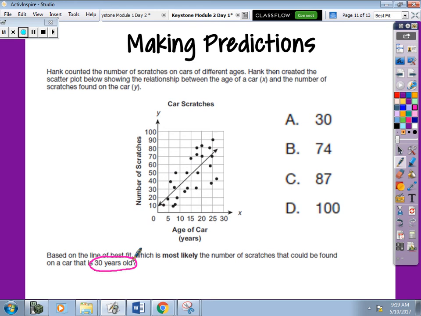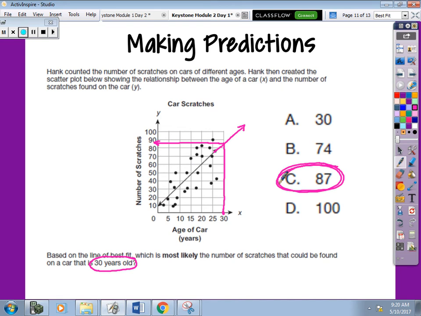So you go to the age of the car, we go to 30. Okay, we're going to want to go up to the line of best fit, which right now doesn't extend. So you would want to take your pencil or pen and just extend that line a little bit. And then go up from 30 to the line, and then go over to the y-axis to see where it crosses. And it looks to be about 87. So answer choice C.